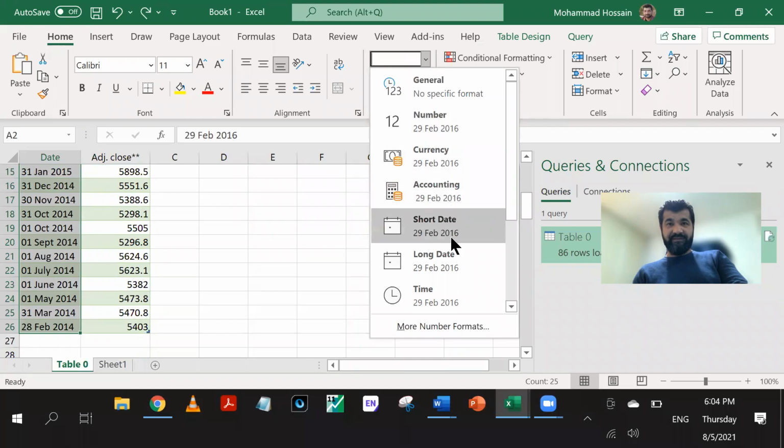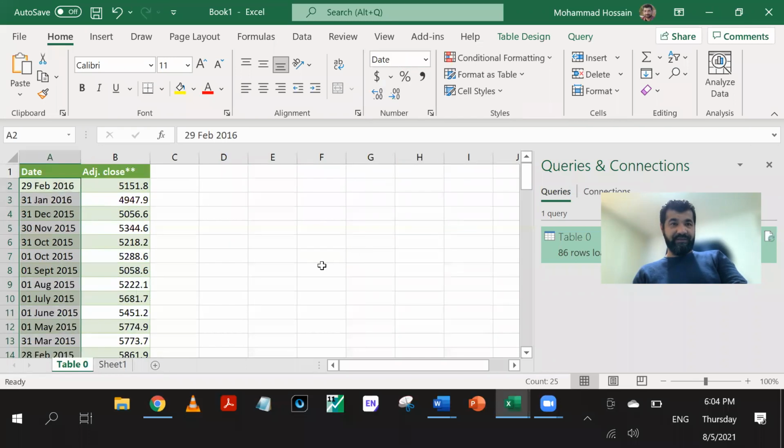General number, sort date. All right, it looks better now. So this is actually date format now. All right, now it's better.